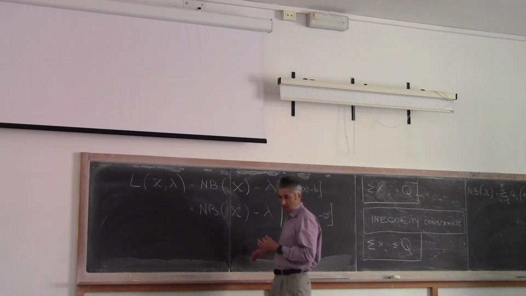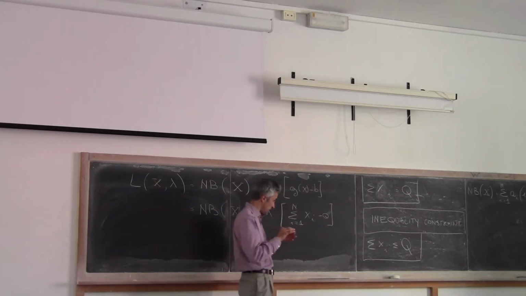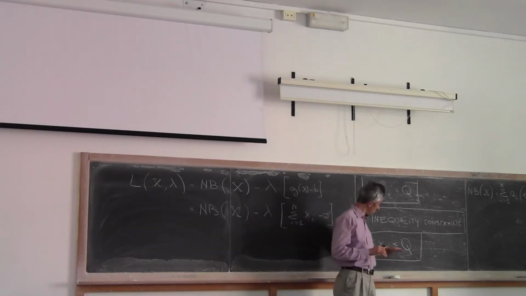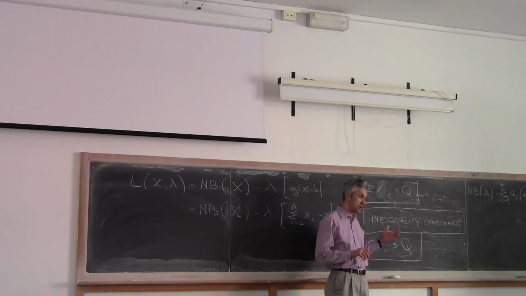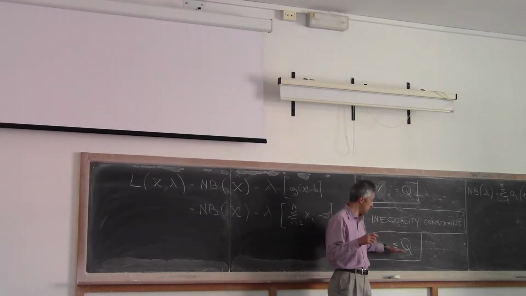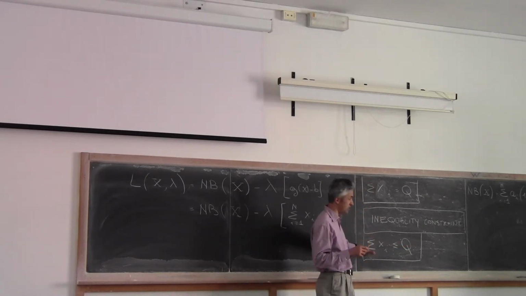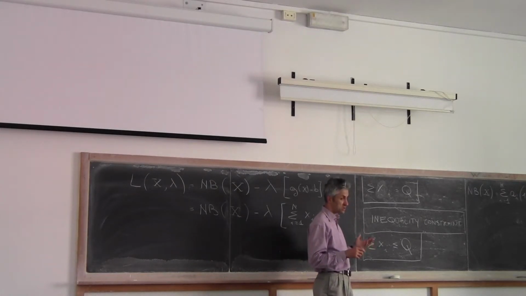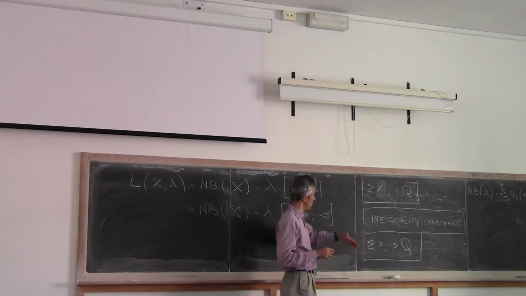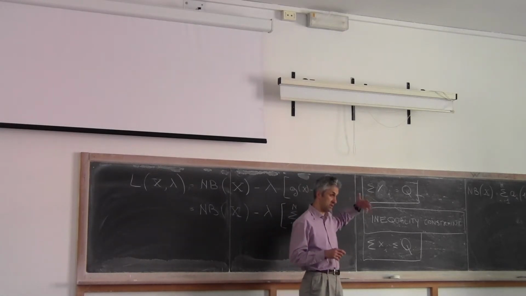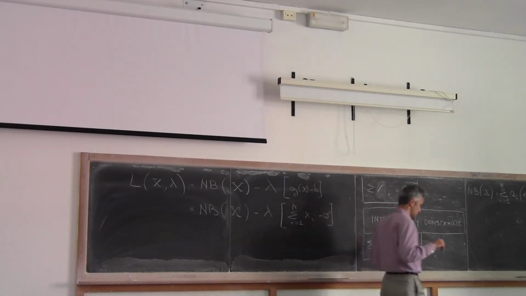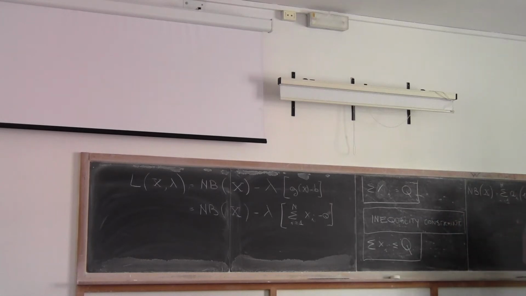The problem is that we can't allocate more water, but we can allocate less water or at most the same amount. So this constraint is more typical in water resources management than the equality constraint. So it's interesting to see how we can deal with this type of constraint.